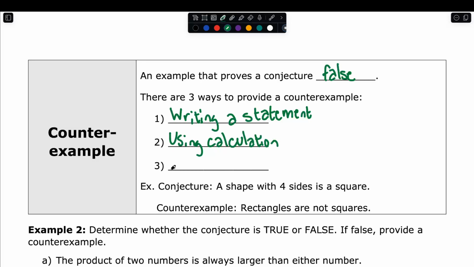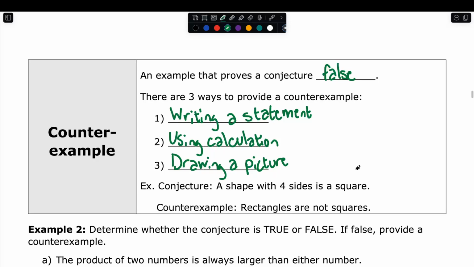And the third example would be drawing a picture. So here's an example of a counterexample. If my conjecture is a shape with 4 sides is a square, then the counterexample is rectangles are not squares. They still have 4 sides, they're just not squares.